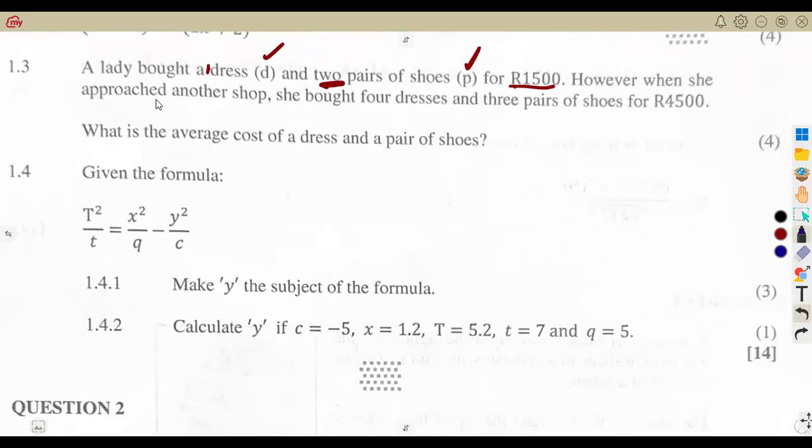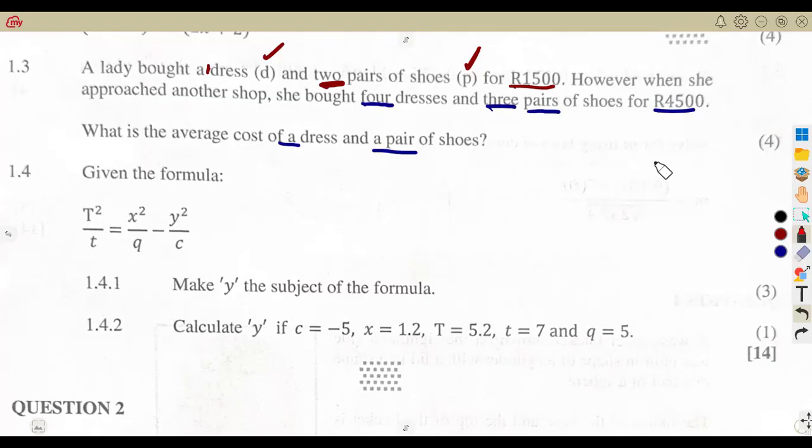However, when she approached another shop, she bought 4 dresses this time and 3 pairs of shoes for 4,500. What is the average cost of a dress and a pair of shoes? So guys, they are testing you. They want you to understand formulating equations. That's a word problem, leading us to simultaneous equations.